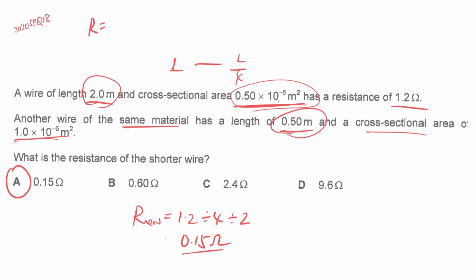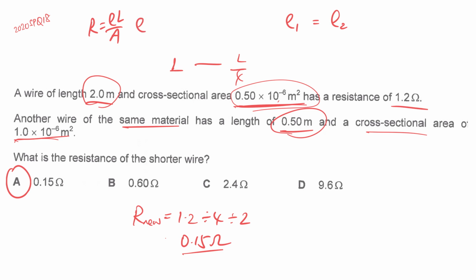you learned, R equals rho L over A? Well, if you want, you can also, because the two wires are made of the same material, so the resistivity of wire 1 will be the same as the resistivity of wire 2.